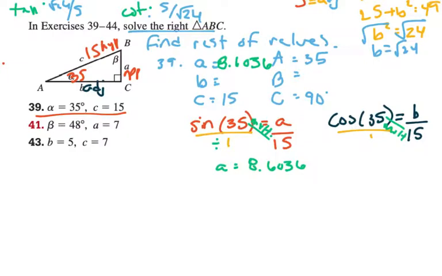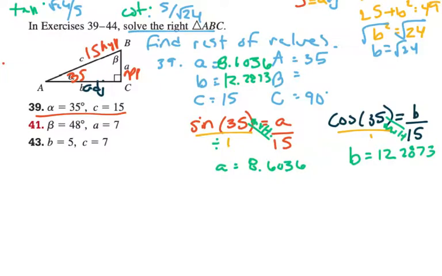So cosine of 35, again in degree mode, is going to make 12.2873. We could have also used Pythagorean Theorem there, either way.